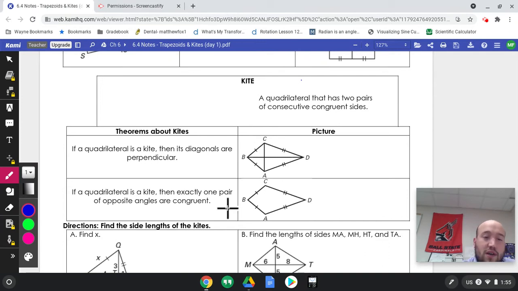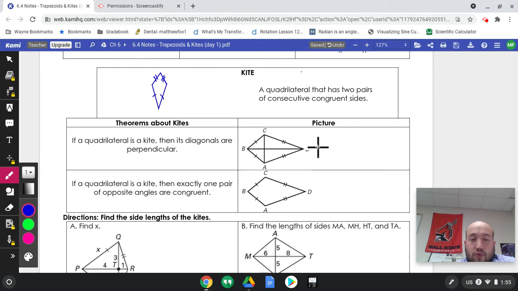So if we want to draw that, we could have, there we go. So it looks like that and that are the same. These two are next to each other and also congruent. So that would be an example of a kite.